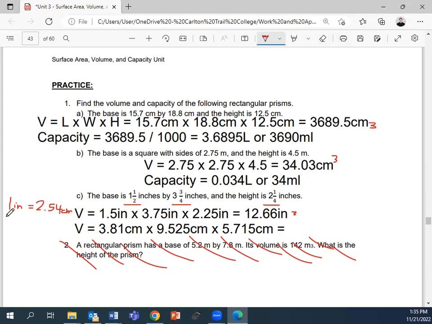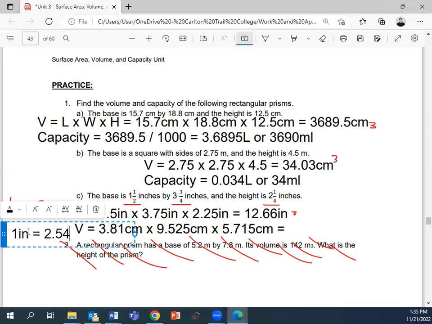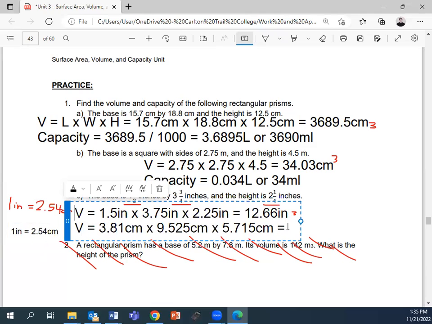So I know that 1 inch is the same thing as 2.54 centimeters. I'm just going to write that in here. So all I'm doing is converting all of these inches into centimeters, right?